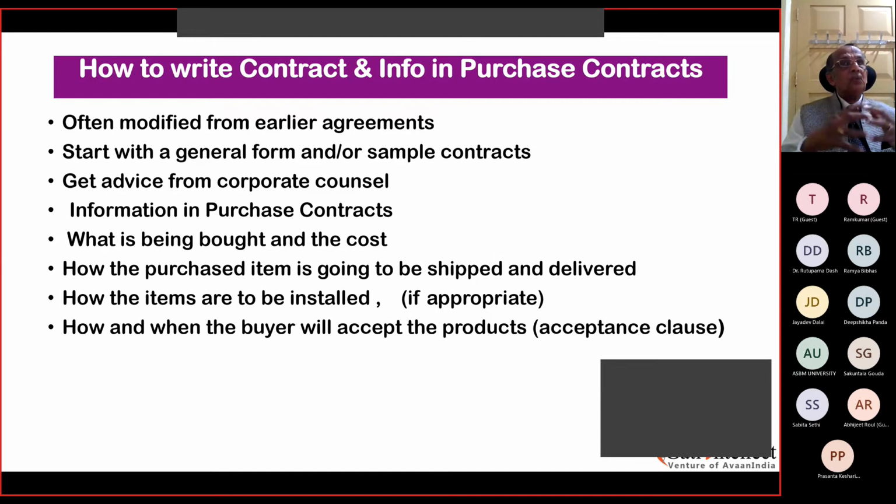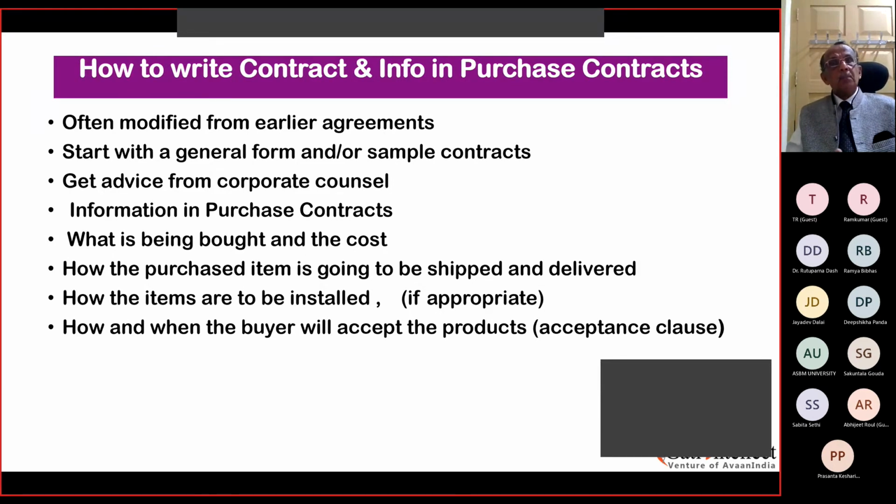Listen carefully to what I'm saying. Received only, subject to inspection, testing. This is how you sign. This is called an acceptance clause. But all this testing has got a time limit, so you have to have an agreement with the vendor as to what the agreed time limit is.